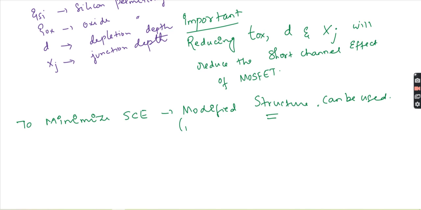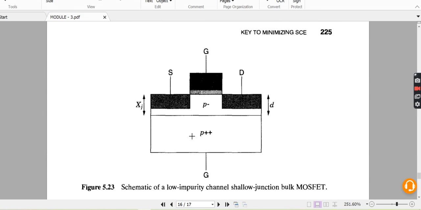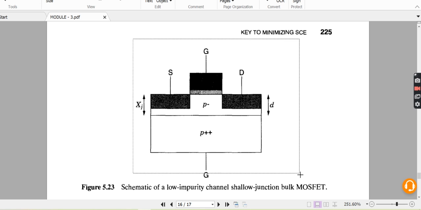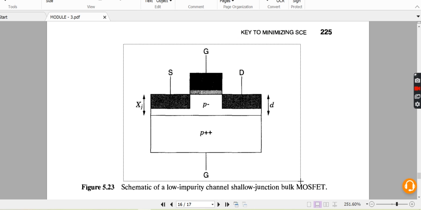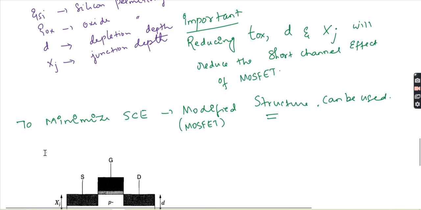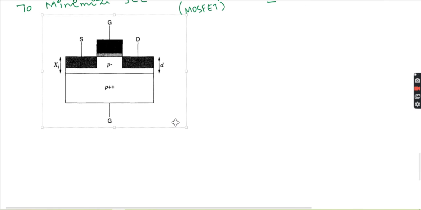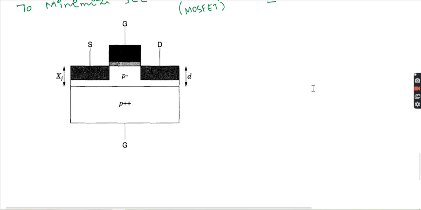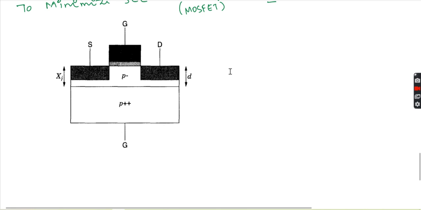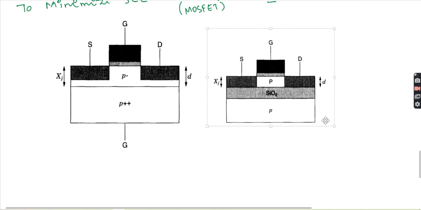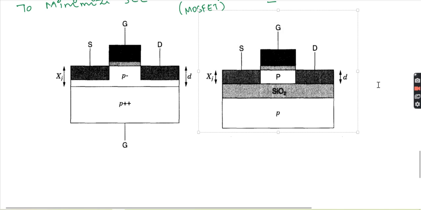Let me show the MOSFET modified structure here. You can see the structures.